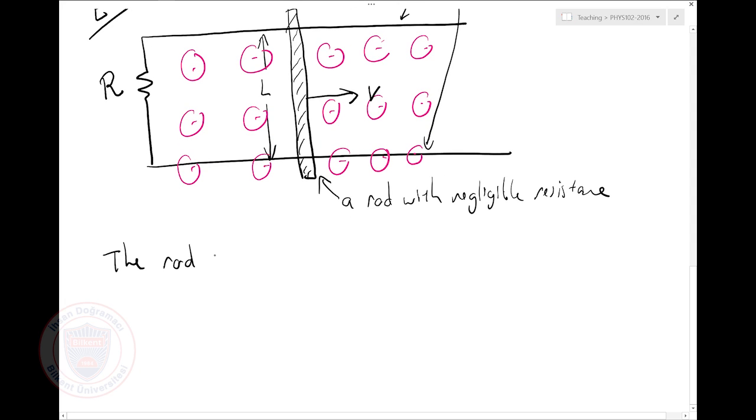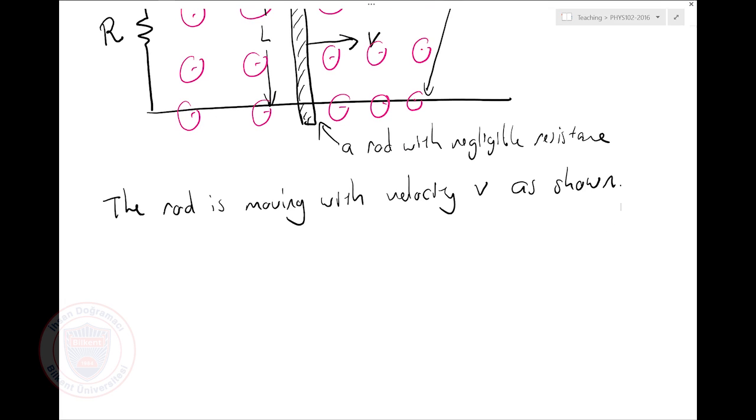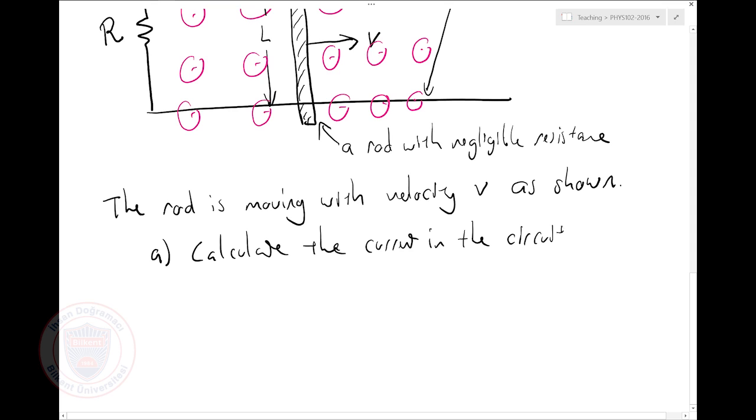Okay, so the rod is moving with velocity v as shown. I want to calculate two things. First, calculate the current in the circuit. Now, when someone asks you to find the current, you must give the direction as well as the total amount of the current passing through.